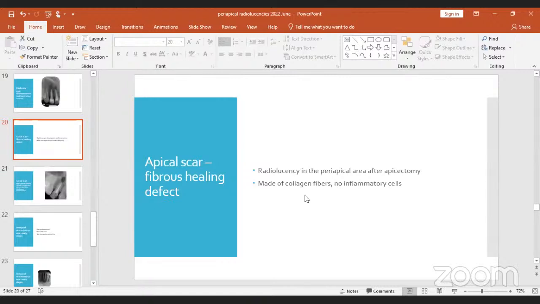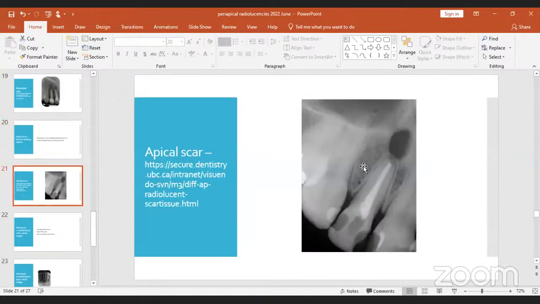And if you do the histology, you'll find that there are no inflammatory cells. So again, you have to do your history well, do the clinical examination and do the radiograph for you to conclude whether this is a scar or a granuloma. Such a patient who has an apical scar may not have any other symptoms.